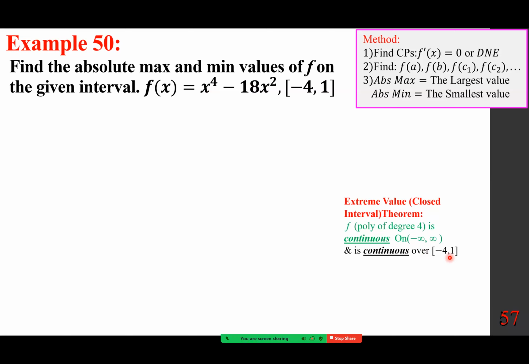So we need to differentiate this in order to find the critical points, and we get 4x cubed minus 36x.